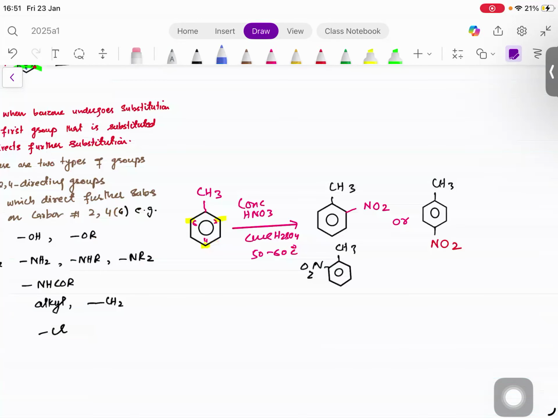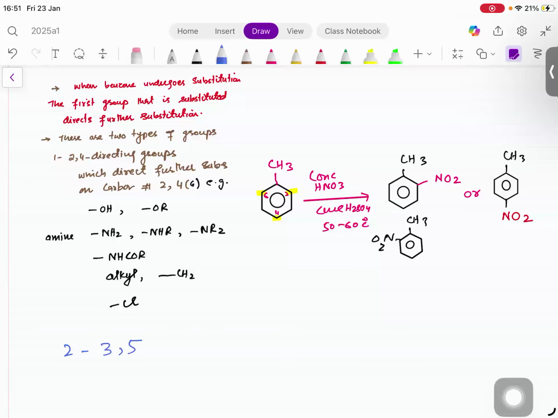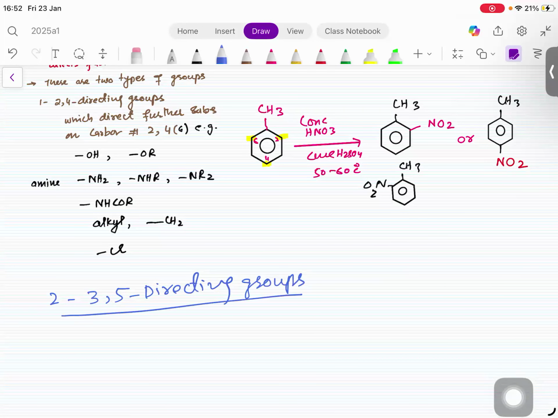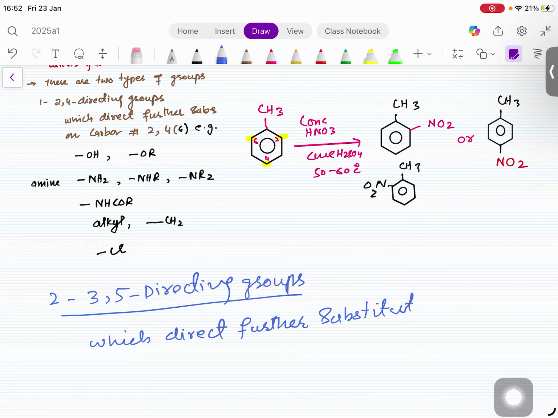On the other hand, number 3,5 directing groups, which direct the further substitution at carbon number 3 or 5.